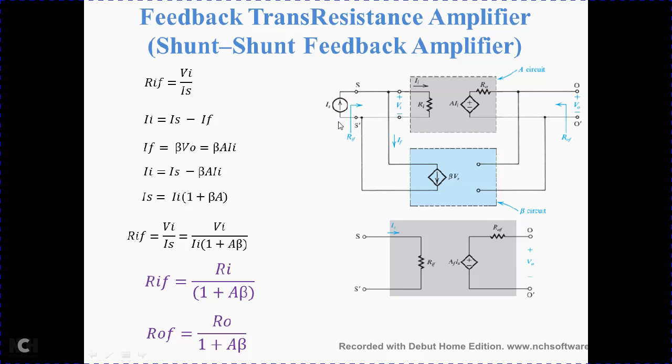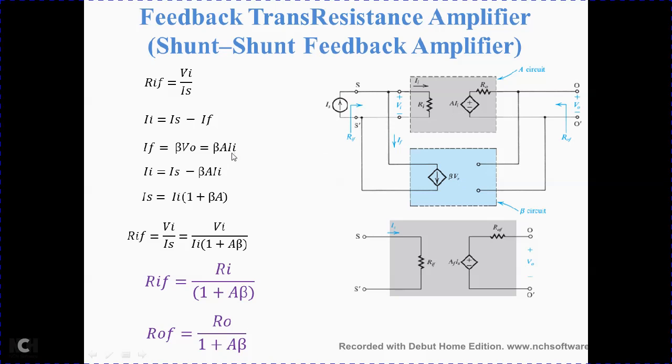R is equal to V by I, where II, the current flowing through this resistance Ri, is IS minus IF, where IF is beta times V naught, and V naught is A into II.